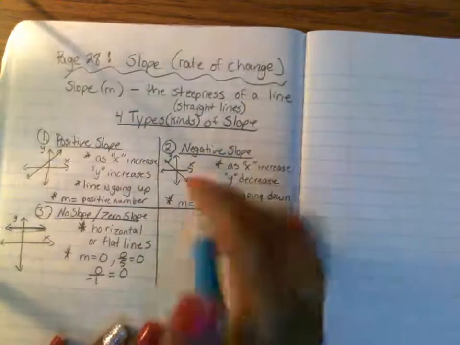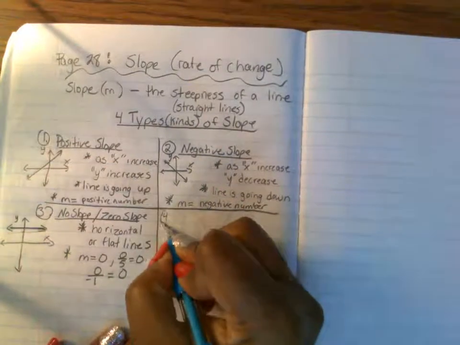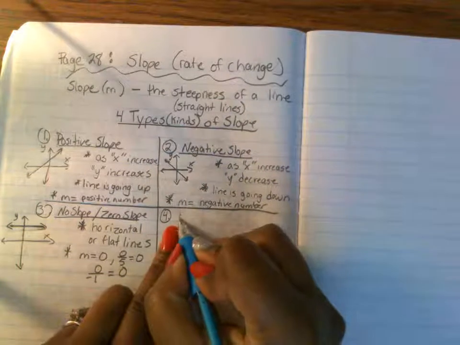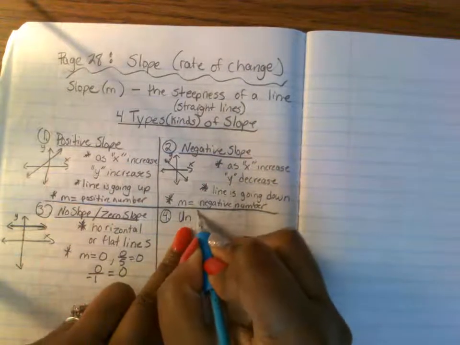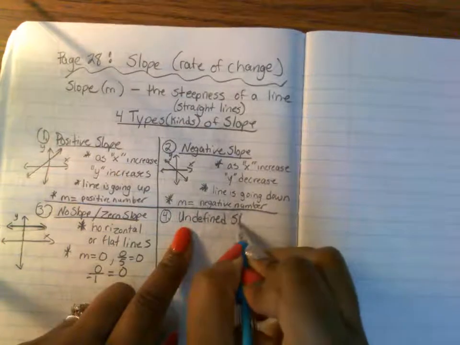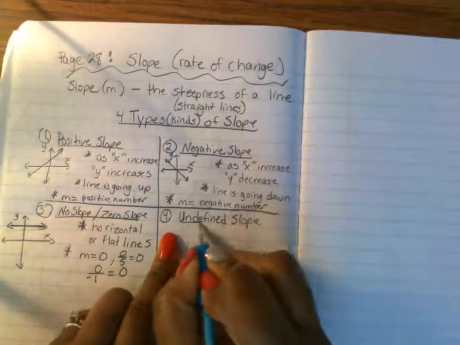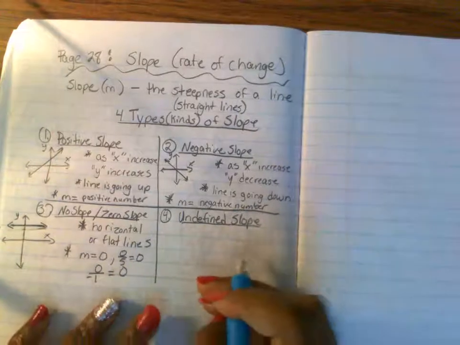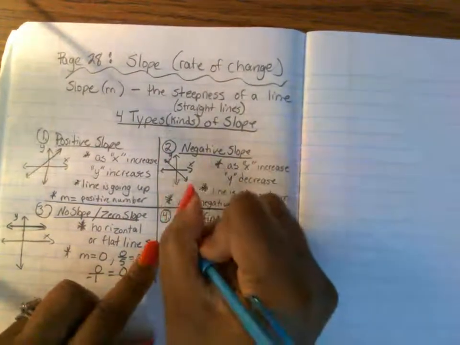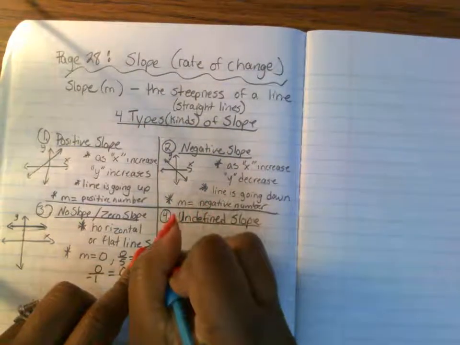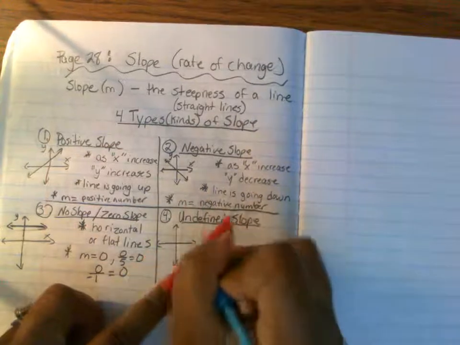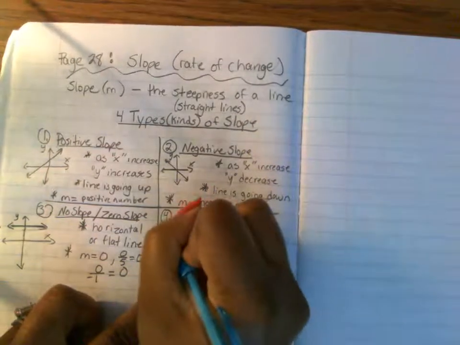All right. The fourth kind of slope is undefined slope. Miss Reyes, what in the world is undefined slope? Oh my gosh, I'm so glad you asked me that. That's a great question. Well, your undefined slope, I'm going to draw a little coordinate plane out to the side and label this your x-axis and your y-axis.